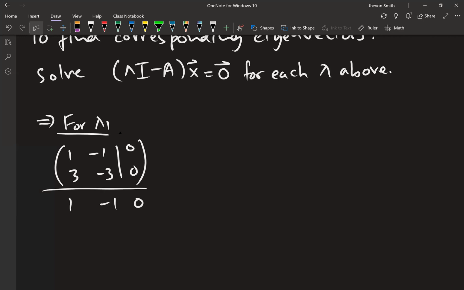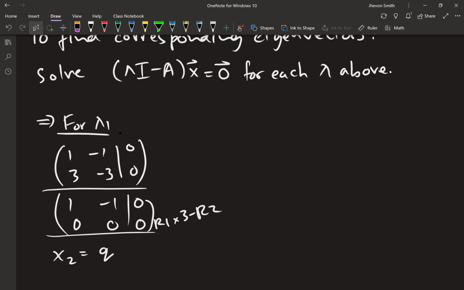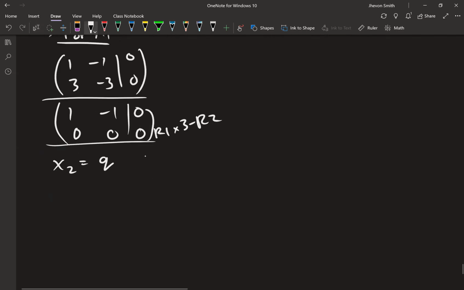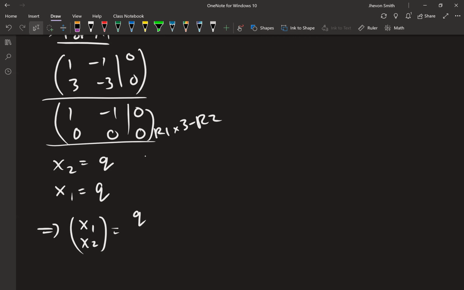That would simplify to 1, 0, and I'll get 0, 0, 0 here. This comes from row 1 times 3 minus row 2. So here my x2 would be, say, q, and x1 would also be q. So my x1, x2 would be the vector q, q. So that is the eigenvector.